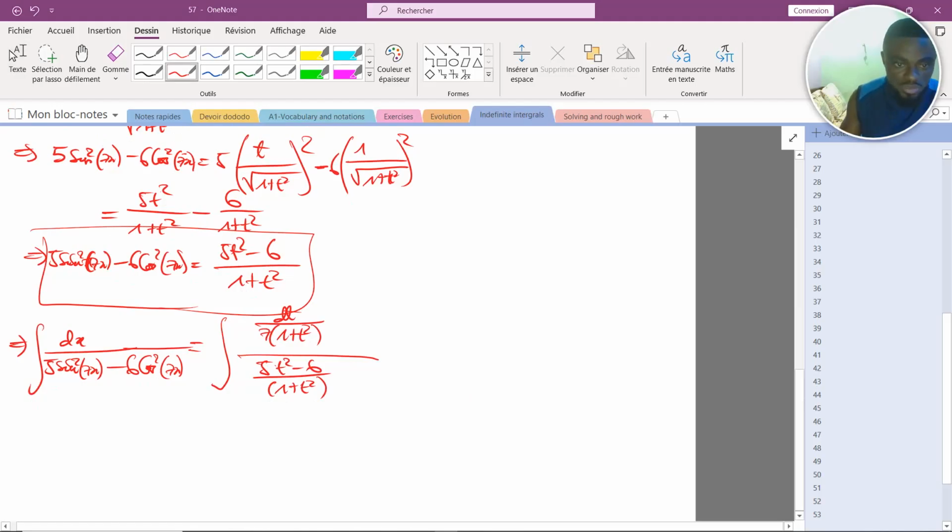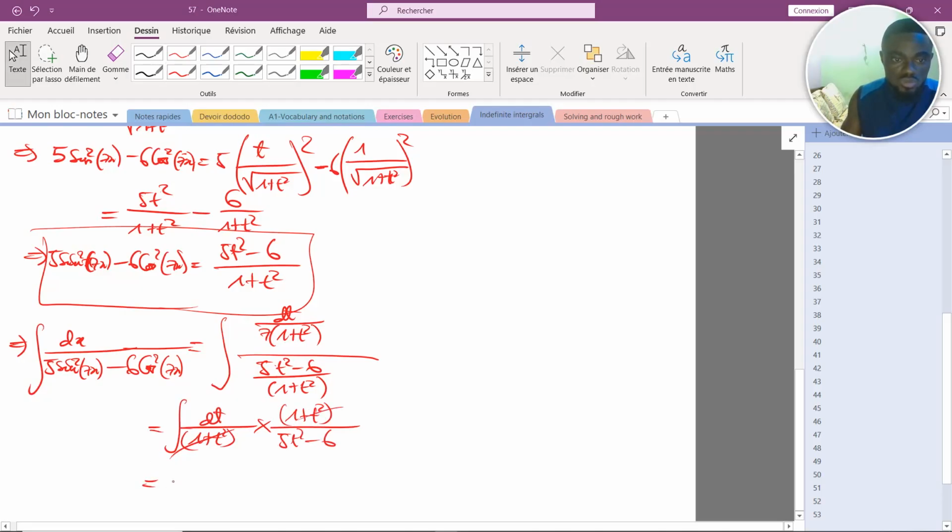This will simplify to the integral of dt all over 1 plus t squared times, this is 1 on this, so this becomes 1 plus t squared all over 5t squared minus 6. This goes and this goes.